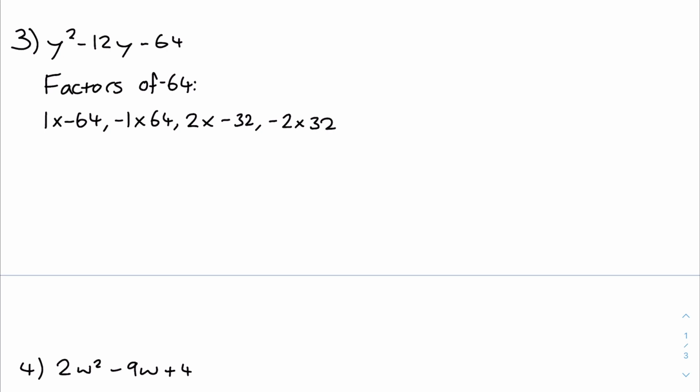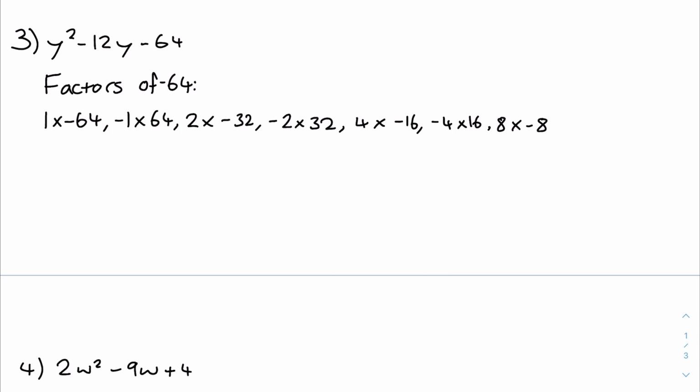We can also have 3 won't go in, but 4 will go in. So we can have 4 multiplied by negative 16, or minus 4 multiplied by 16. 5 doesn't go into 64, 6 doesn't go in, 7 doesn't go in, 8 does go in. So we can have 8 multiplied by minus 8.